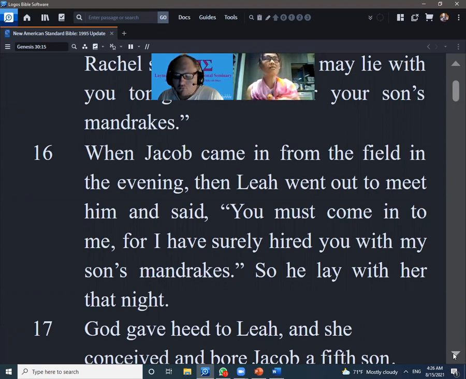And then another seven years. So it seems like the two sisters are doing the same thing their father did to them. Okay, all right, for now.